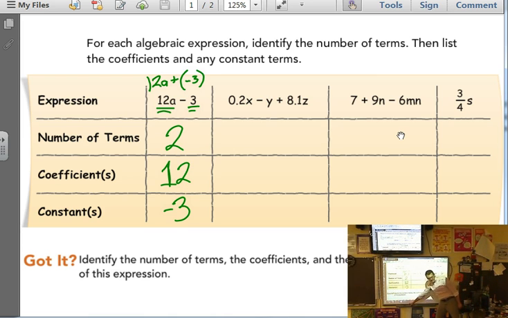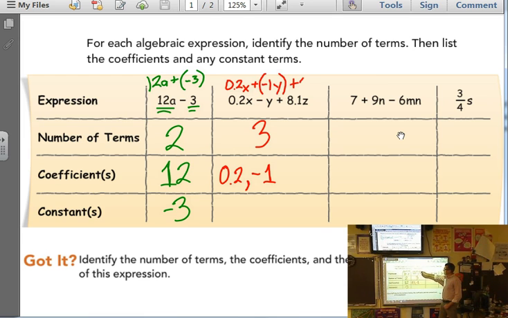So, in my second expression here, Acadia, how many terms? 3. We have multiple coefficients. What are they? You have 0.2 and 8.1. There's another one. Yeah, there would be actually a negative 1. Because remember, this would be 0.2x plus negative 1y plus 8.1z.